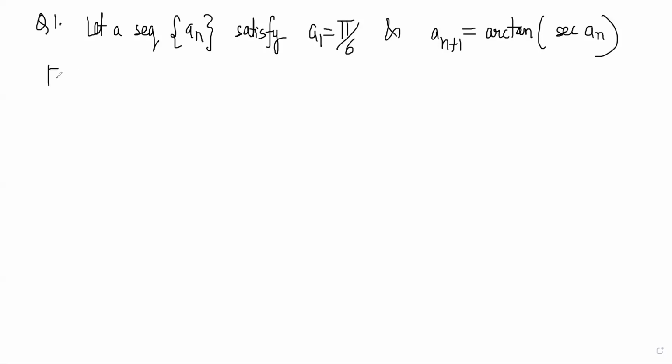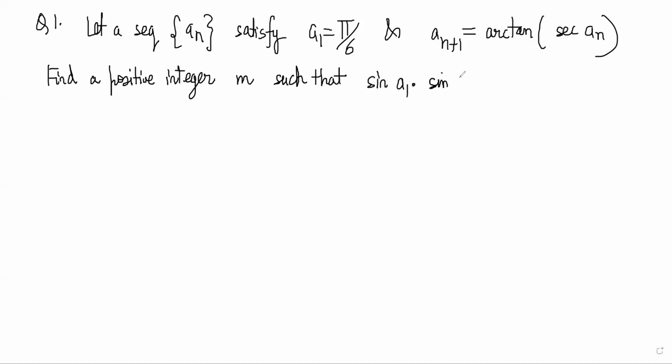We have to find a positive integer m such that sine of a1 multiplied by sine of a2 multiplied by ... sine of am is equal to 1 by 100. Okay. So this is how our sequence has been defined.